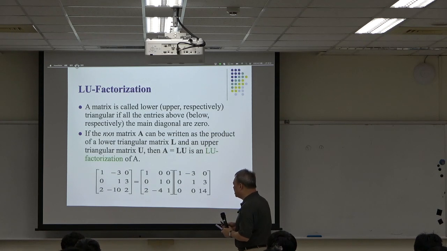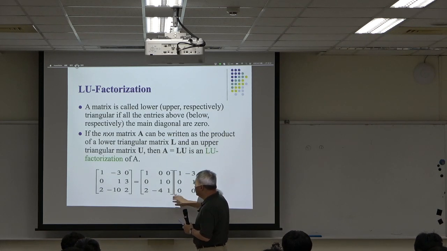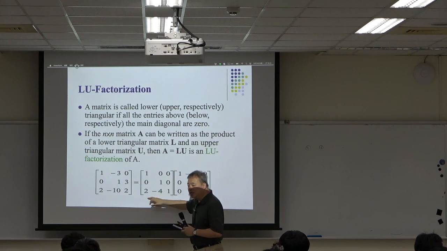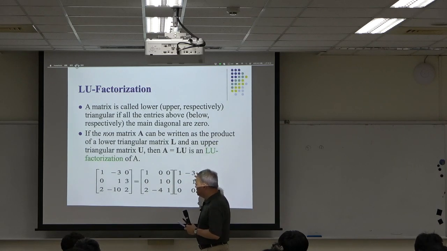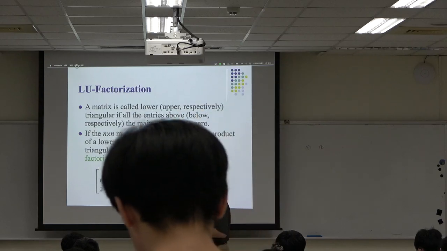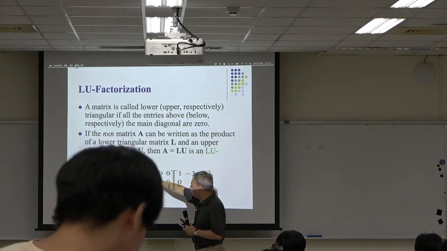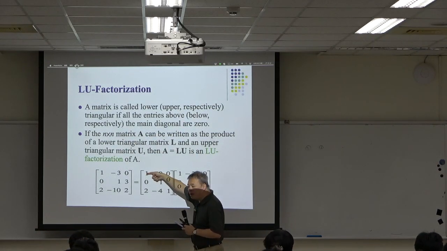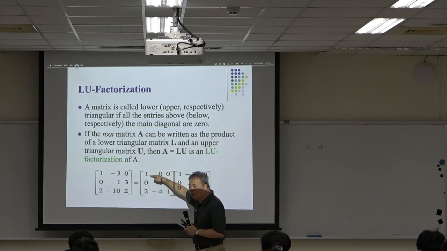So let me show you, okay? For lower triangle, something like this one. This is a lower triangle, right? So this times x equal to b, then it's very easy to solve, right? Because you can start from the top one. This one is 1, right?